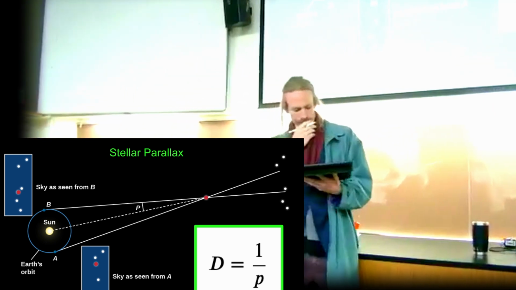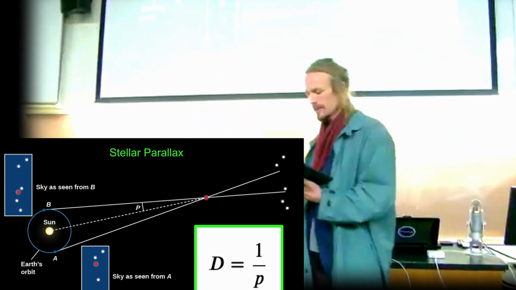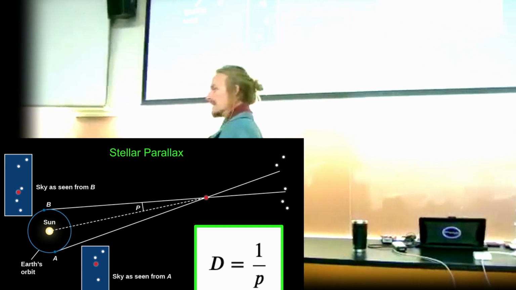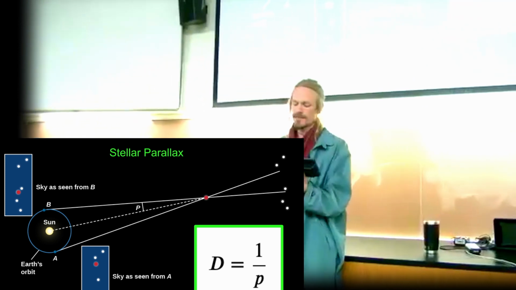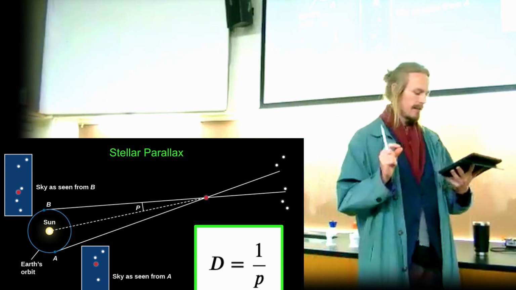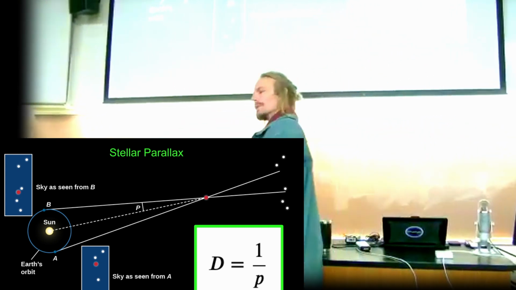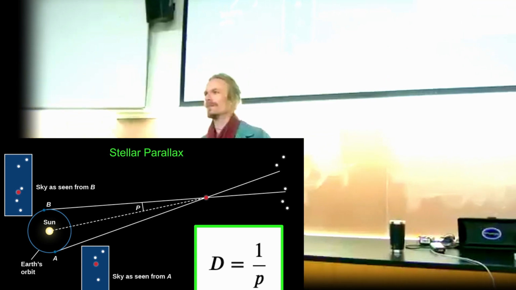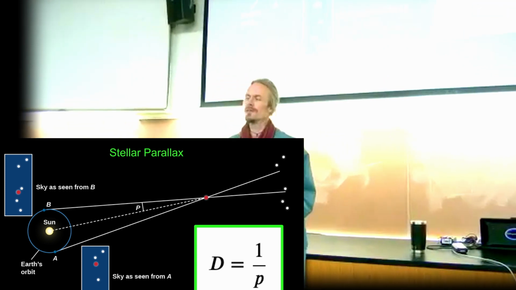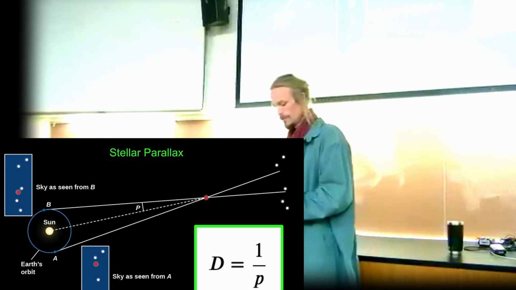People didn't really start taking these measurements until the early 1800s. This is when they had decent enough telescopes to actually pull this off. And it turned out that even the closest star to us, which is Alpha Centauri, only had a 1.5 arc second diameter, right? So it's very close to that idea of a quarter at 3 miles away. Really, really far away.